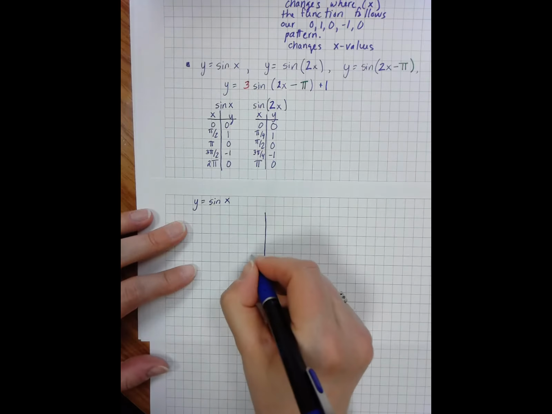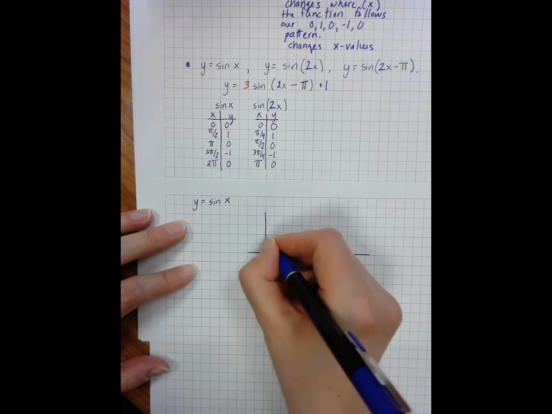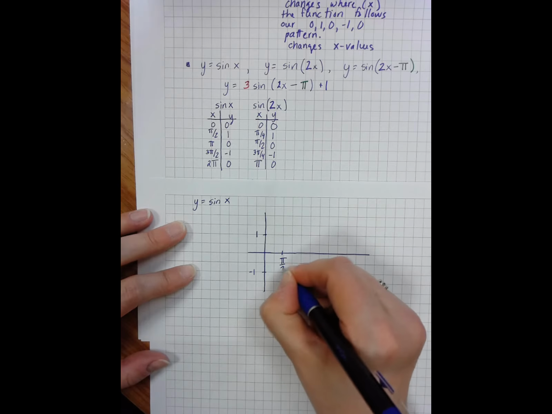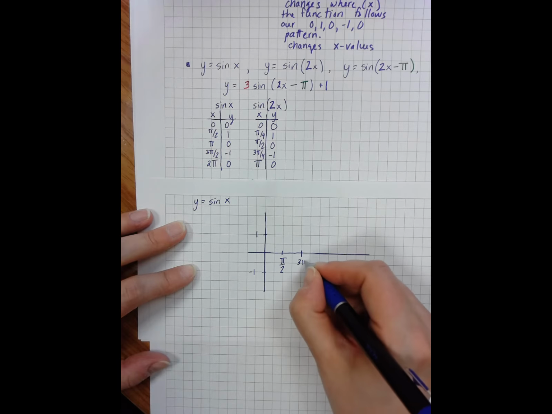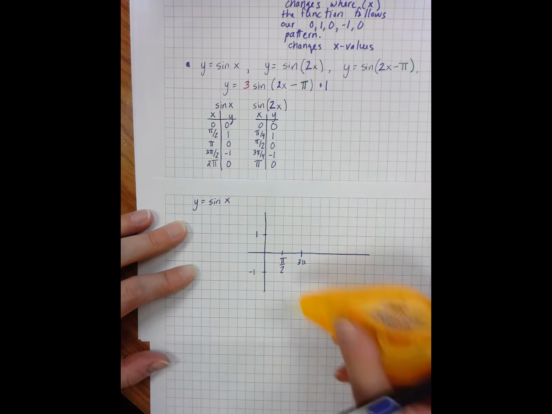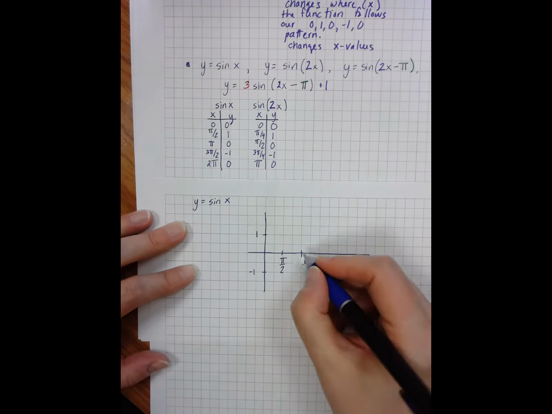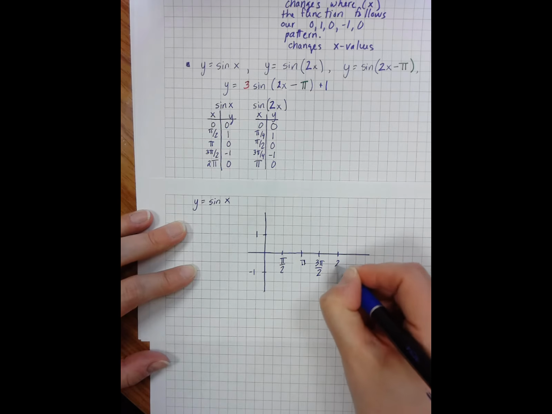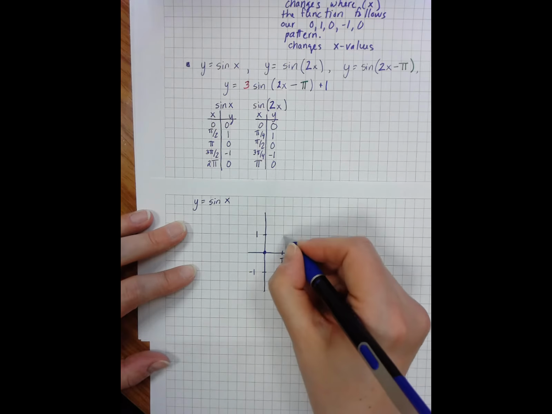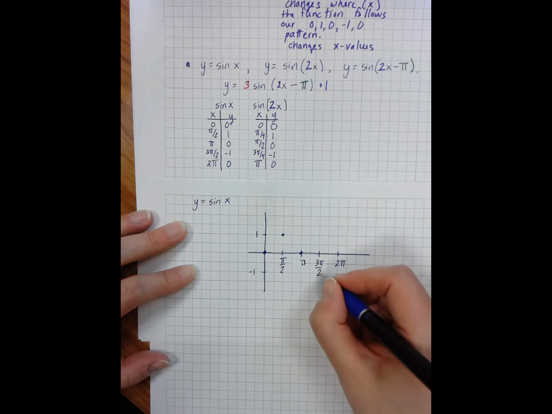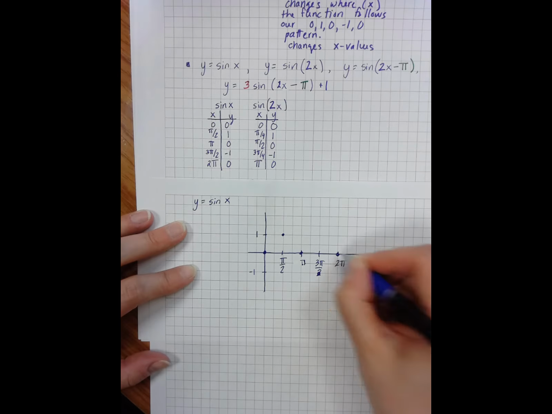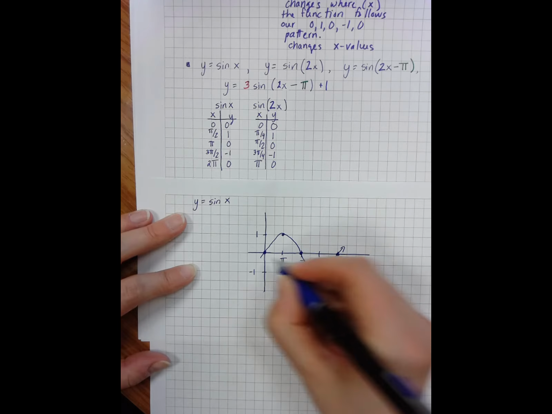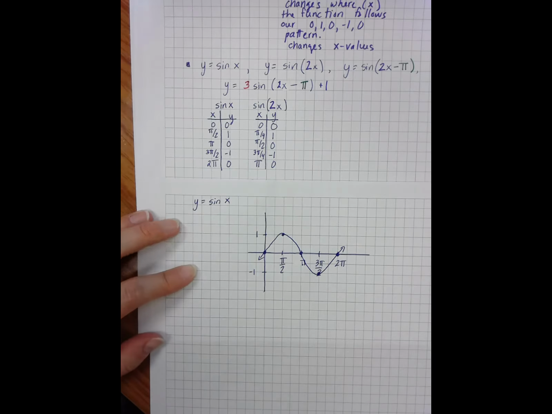And I'm going to say this is 1, this is negative 1, pi over 2, pi, 3 pi over 2, 2 pi. So I've got 0, 1, 0, negative 1, 0. And there's my lovely sine shape, one period.